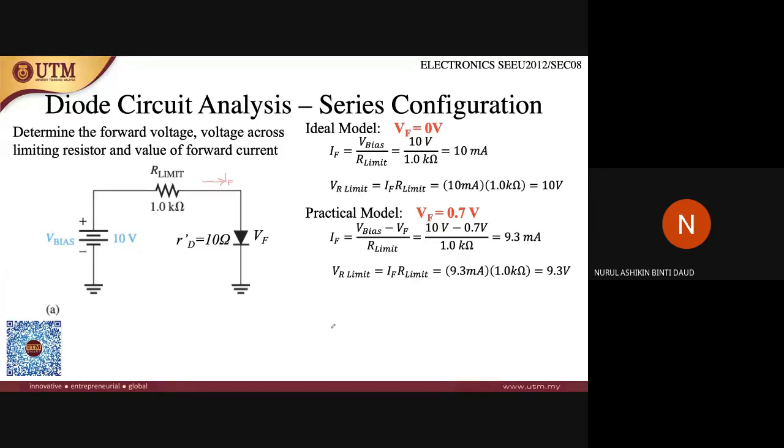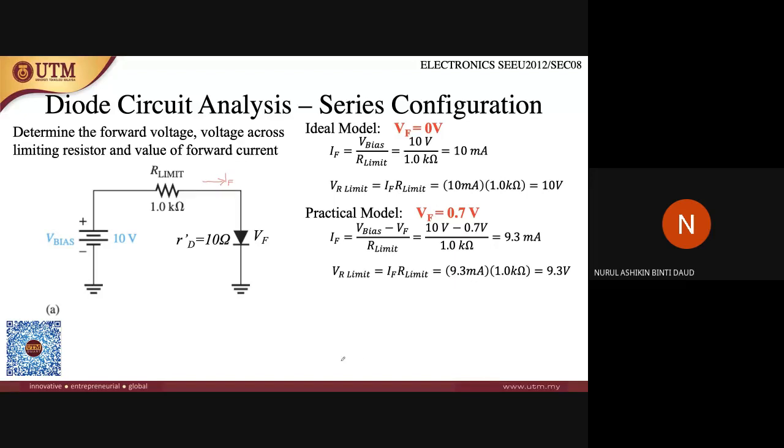So if you want to calculate the IF, the current flowing inside this circuit, it is V bias minus the diode voltage. Okay, the diode drop, we call it. So 10 minus 0.7, divided by 1.0 kilo ohm. So the value of current is 9.3 milliampere.